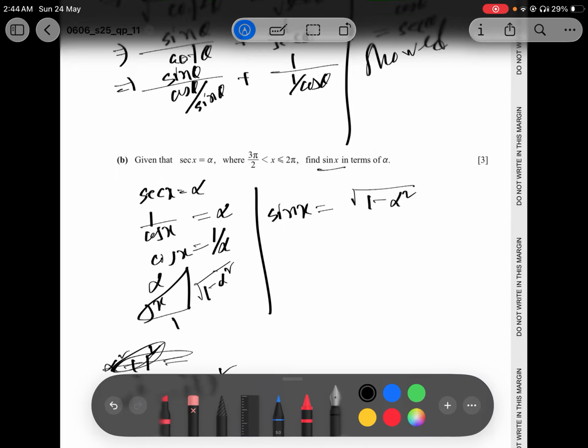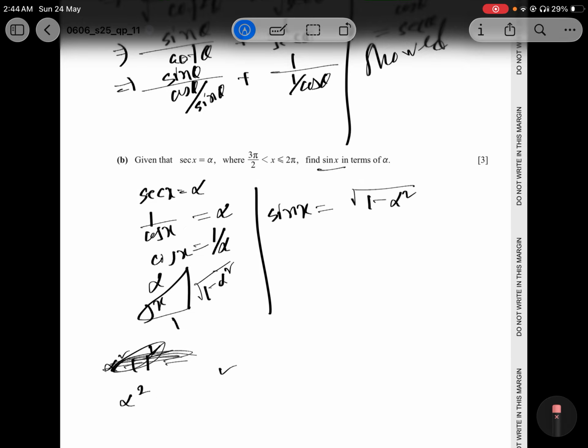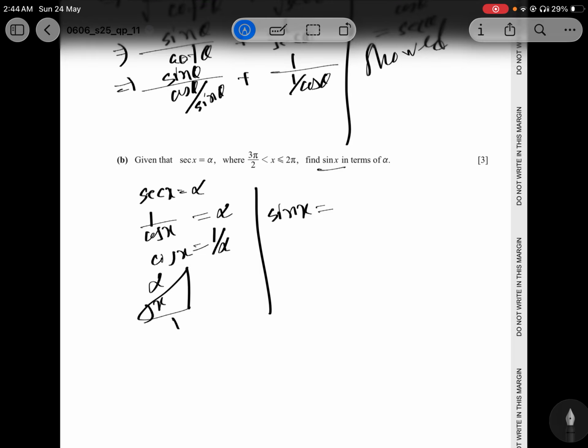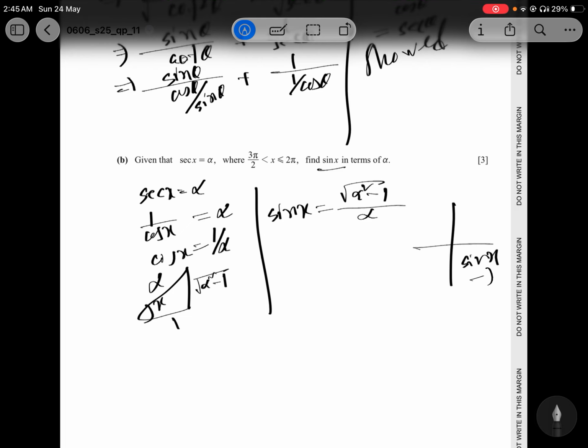Alpha square minus 1, over alpha. Now here's the case: in the fourth quadrant sin x should be negative. So I have to input a negative sign here. Yeah, this should be the answer.